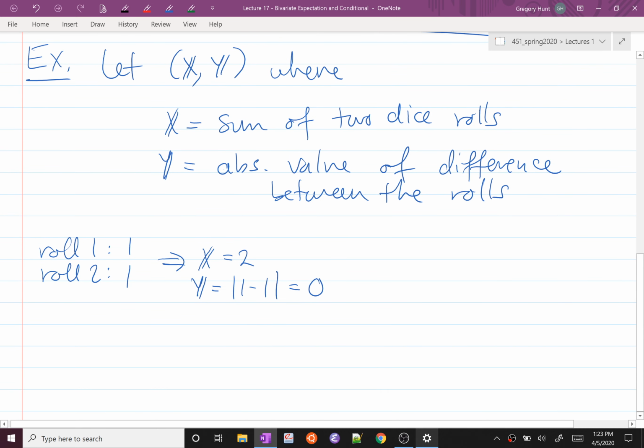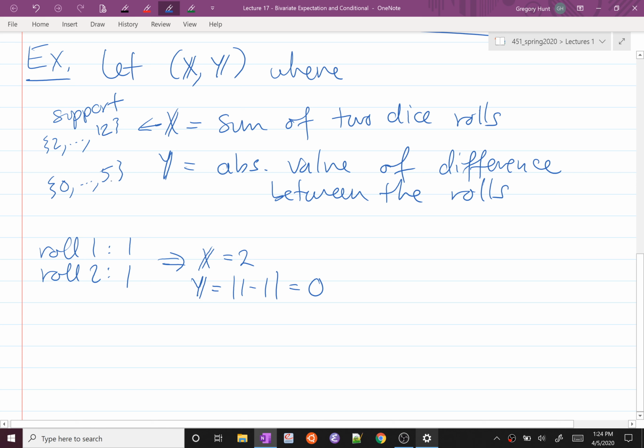And our PMF, so the support here, in the x case, the sum of the two dice can be anything from 2 all the way up to 12. And in the y case, the absolute value of the difference can be anything from 0 all the way up to 5.